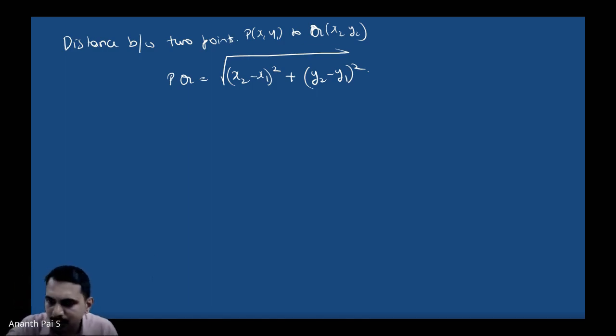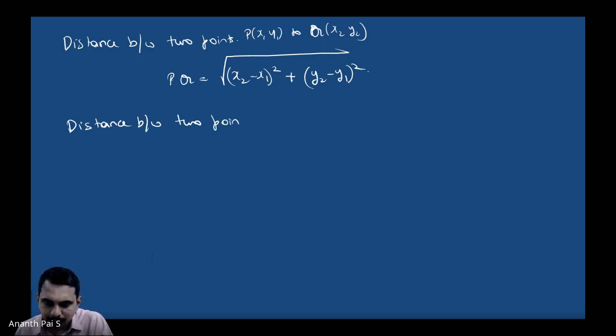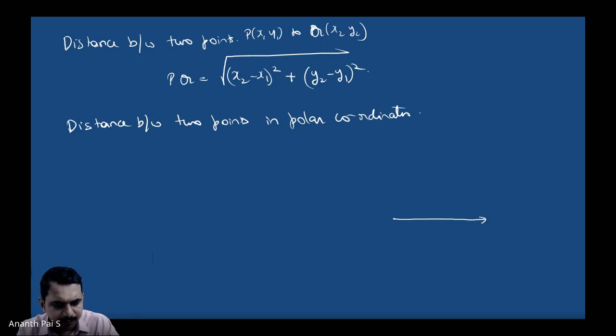Okay. Distance between 2 points in polar coordinates. In polar coordinates, you have the initial line. Then say we have P referred by r1, theta 1.